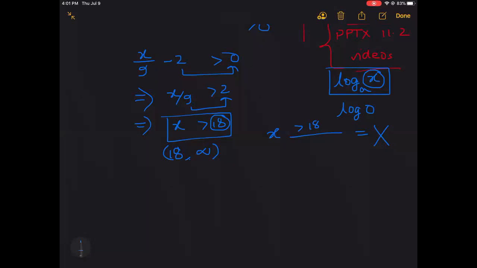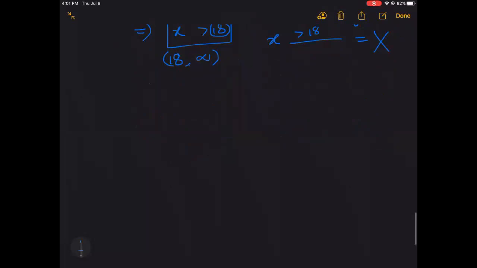When you are given a function which has a one-to-one correspondence, that means it is a one-to-one function. For the inverse, you just need to take the mirror image of that in terms of the y equals x line, okay? That's the y equals x line.